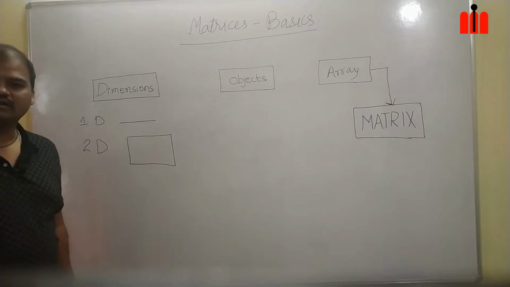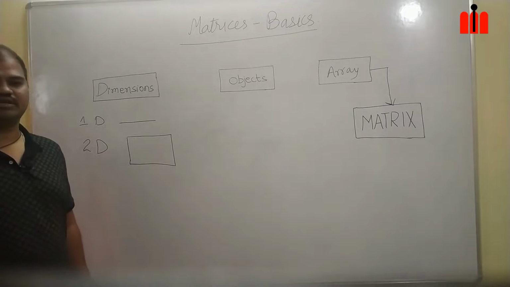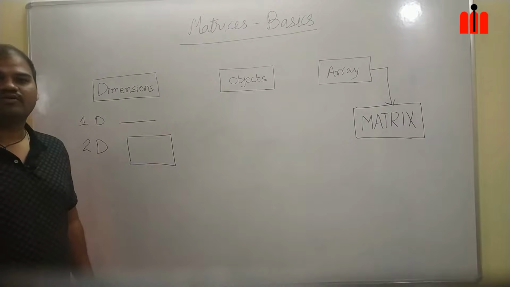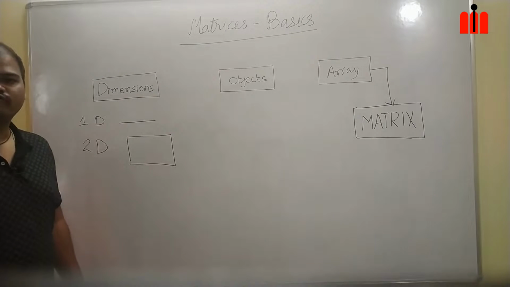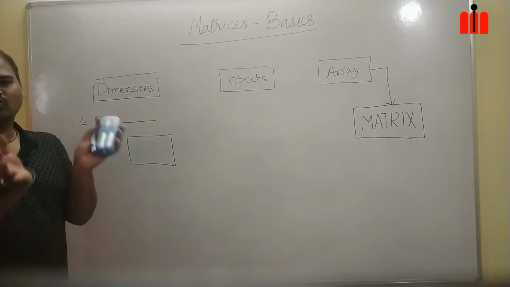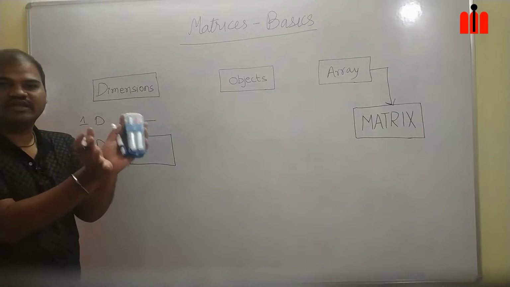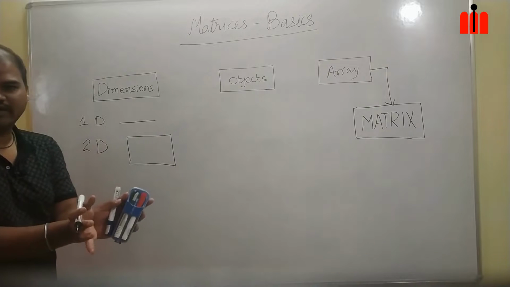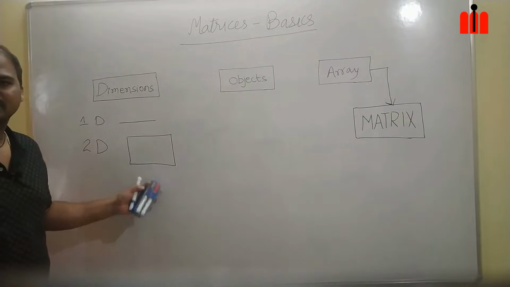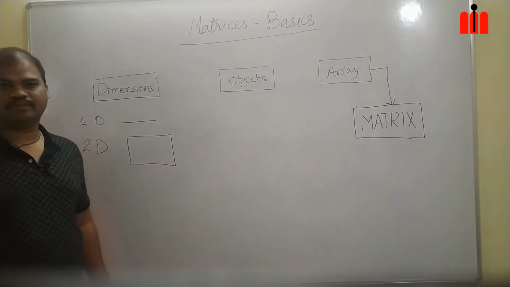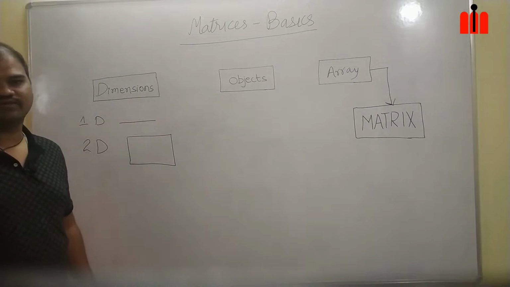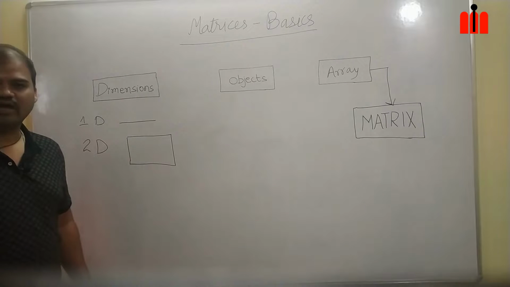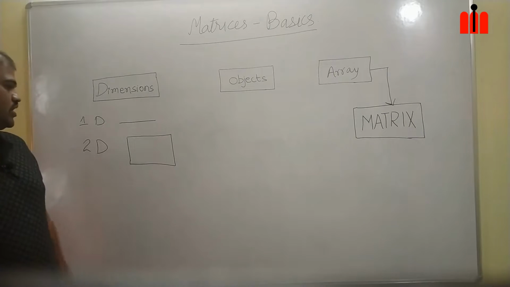This rectangle is a two-dimensional figure. Why is it a two-dimensional figure? Because we need a two-axis plane to define this geometry. For 1D, one axis is sufficient. Are you getting it?